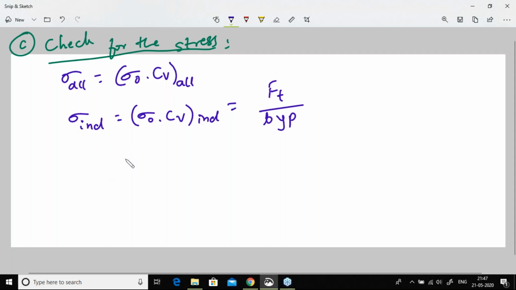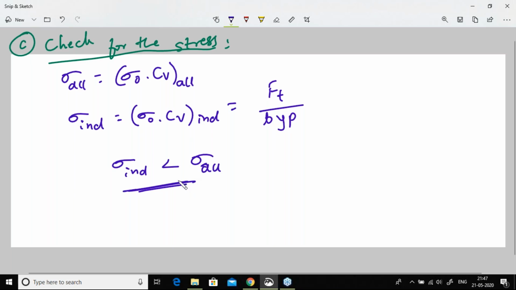Here we have to get sigma induced less than sigma allowable. If we get this, then we can say the design is satisfactory. If it is reversed, then we have to change the value of M. We have to increase the M, and once again go through the previous steps until sigma induced becomes less than sigma allowable.